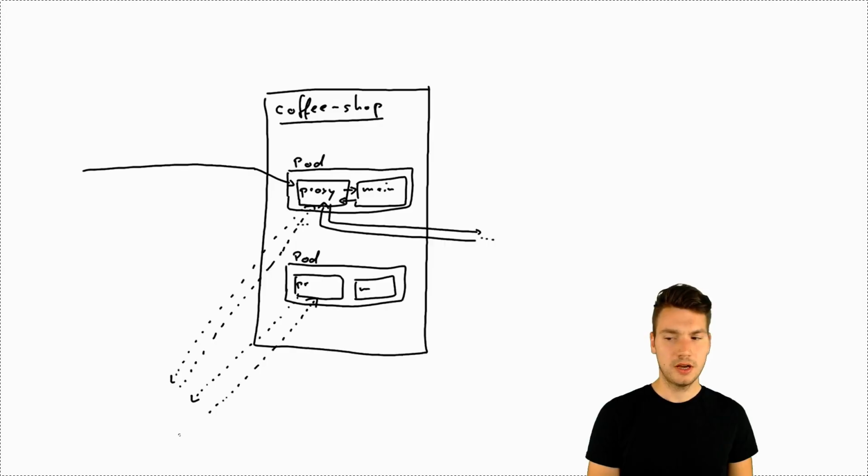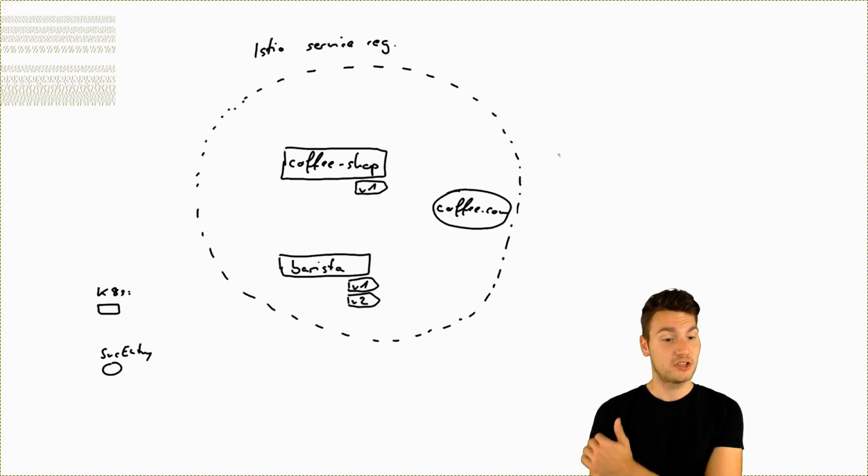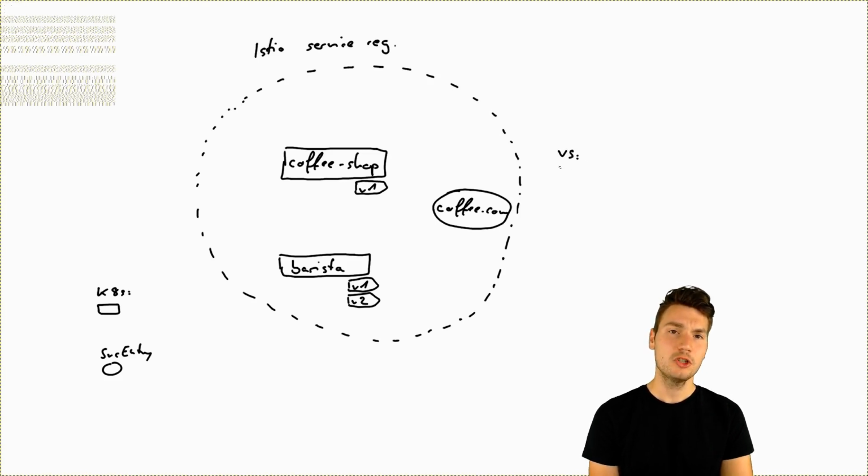So again, how to route our traffic inside of the service registry. We now covered all of the services that are part of the platform, such as coffee shop and barista, that we can route to. And also we covered why we need a service entry, for example for coffee.com, in order to make that accessible. Now, virtual services can be defined for our rectangles as well as service entries here.